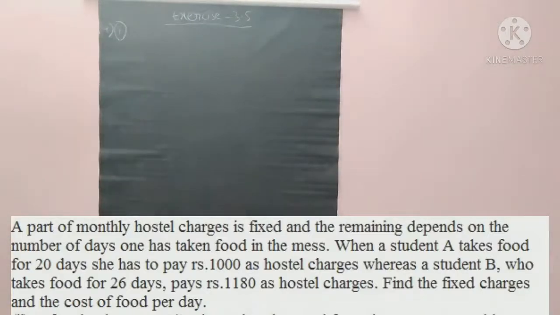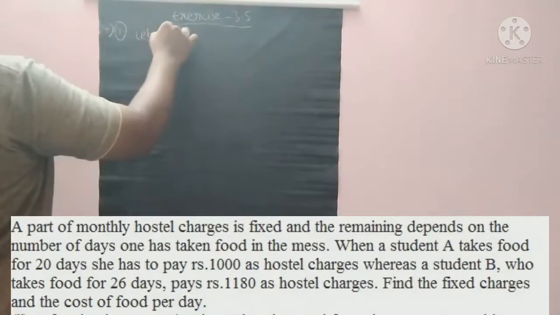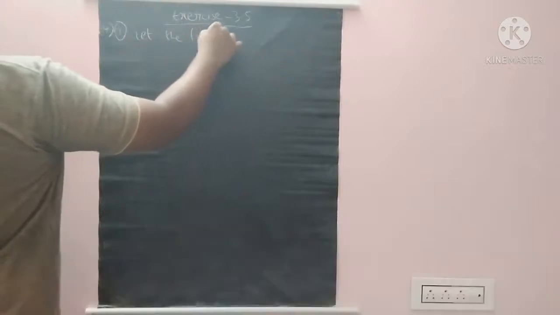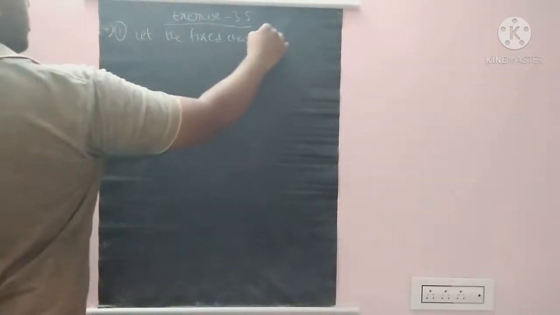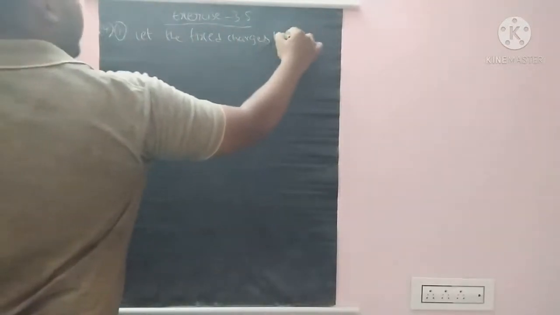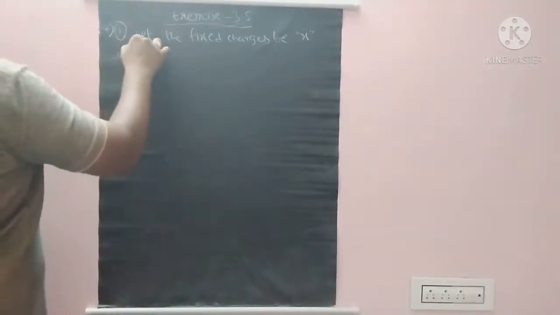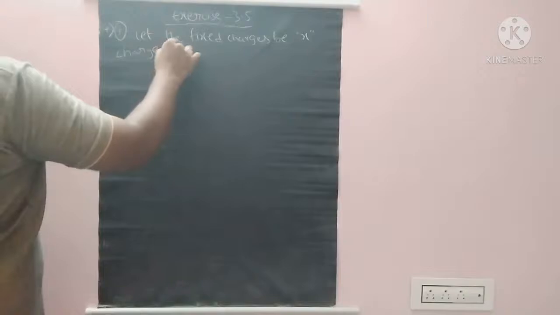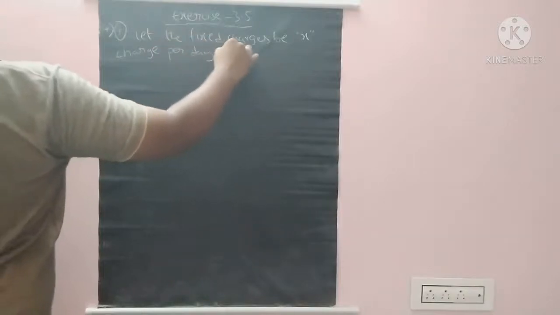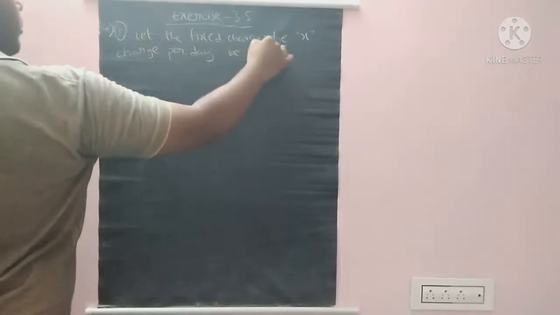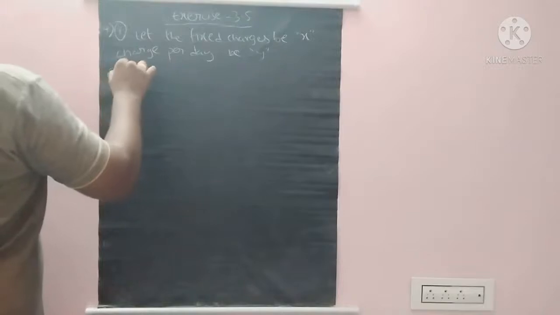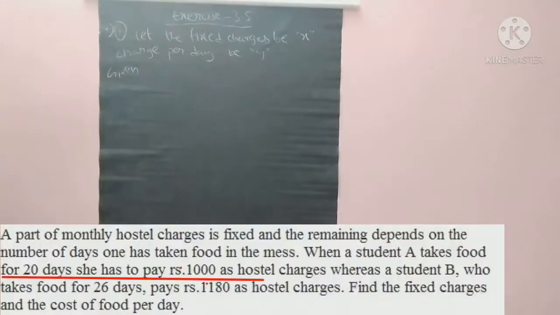This type of problem we have already discussed. Let the fixed charge be x and the charge per day be y. Given, student A pays 1000 rupees when she stays for 20 days.